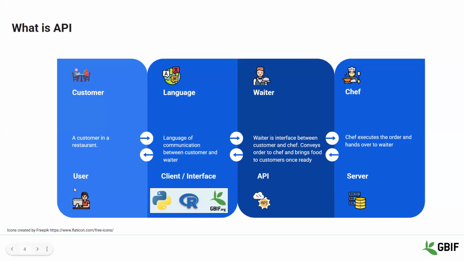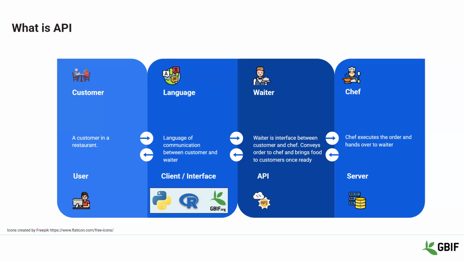So imagine the customer as a user, and the client or the interface is the language that we both understand, which is Python or R, or the user interface in gbif.org. The next step is when we tell what we want to do, we talk to the API. The API takes it to the GBIF data server, brings back the data, and presents it back to us.